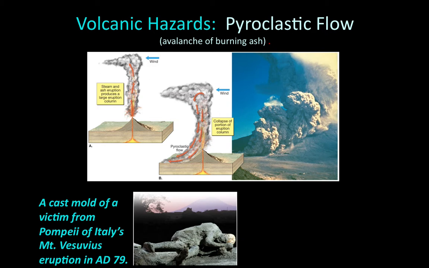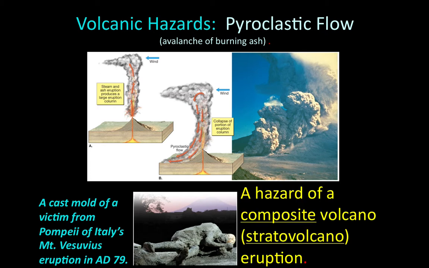And so how this occurs is basically it's a hazard of a composite volcano or stratovolcanic eruption because if you recall in class, composite volcanoes are prone to having very explosive pyroclastic eruptions. And the pyroclastic eruption produces an enormous amount of burning ash, which is that microscopic dust-sized pyroclastic solid particle.